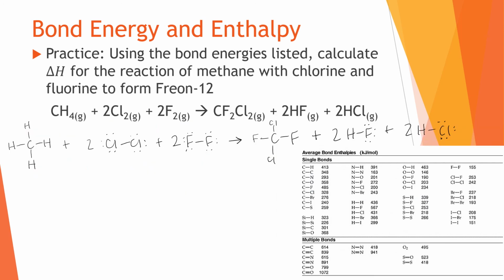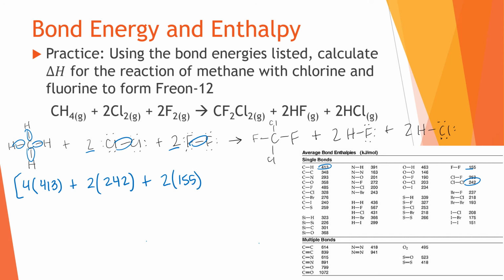All right, last one. This one's kind of lengthy, but I went ahead and drew the structures out for you. So for this one, in our reactants, we have 1, 2, 3, 4 carbon-hydrogen bonds, which have an energy of 413, plus 2 chlorine-chlorine bonds, which have an energy of 242, plus 2 fluorine-fluorine bonds, which have an energy of 155, minus, I'm going to pop down here so I have enough room.